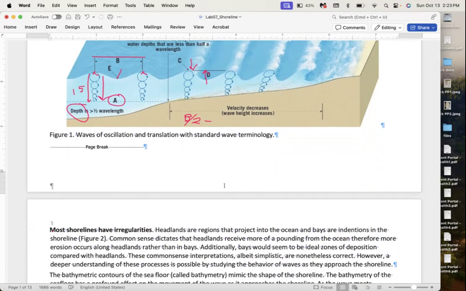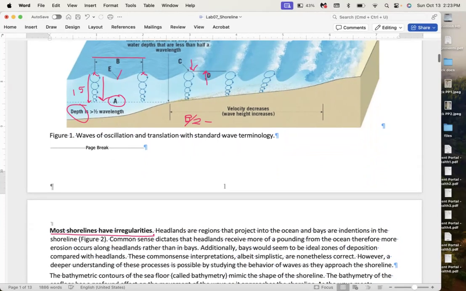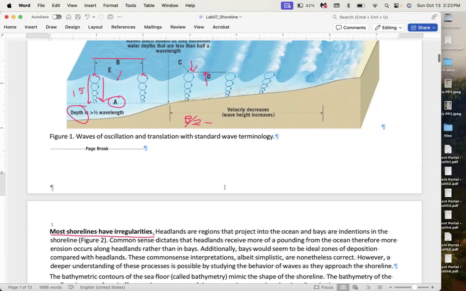So most shorelines have irregularities. That is, they have areas that jut out into the ocean and areas that are behind that. The areas that jut out, we call headlands. And the ones off to each side that don't do that, we call bays.